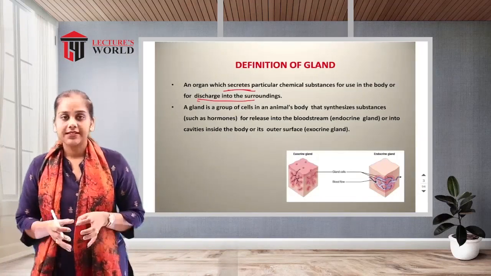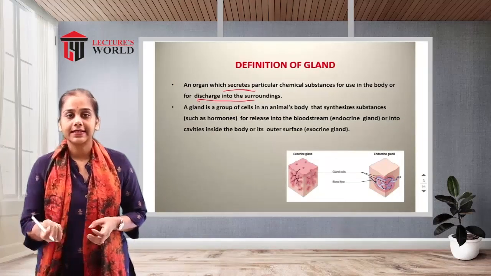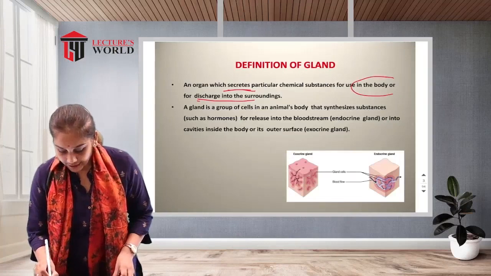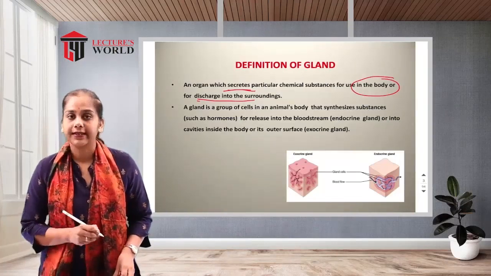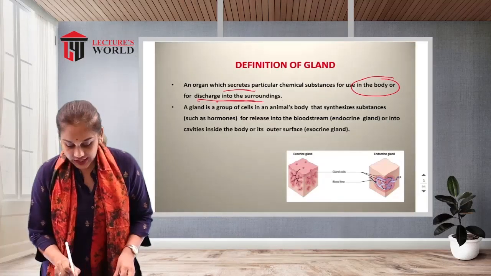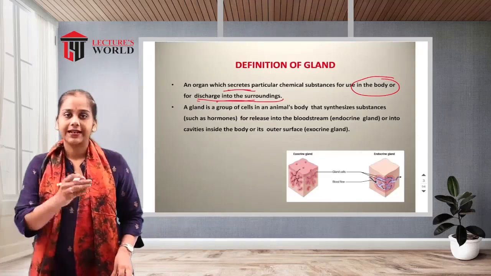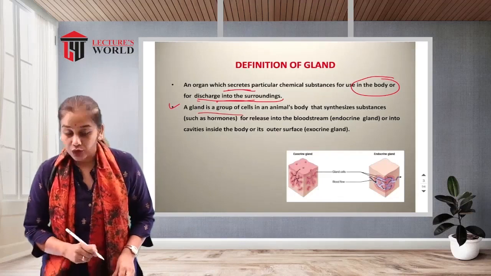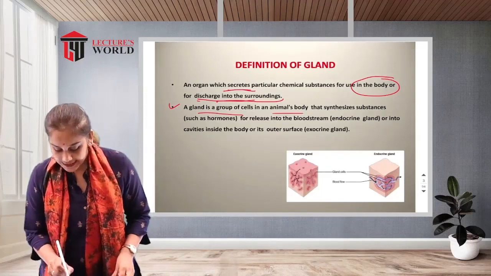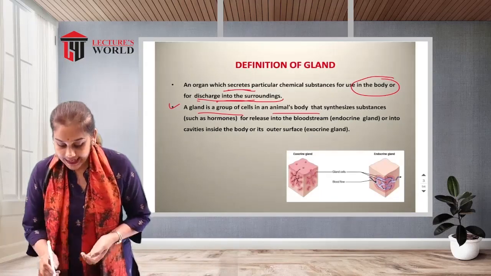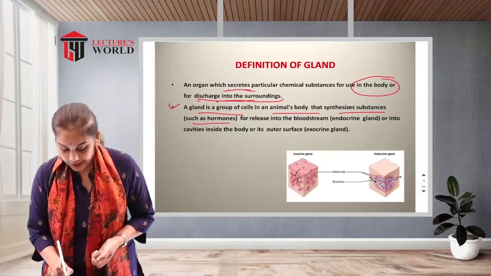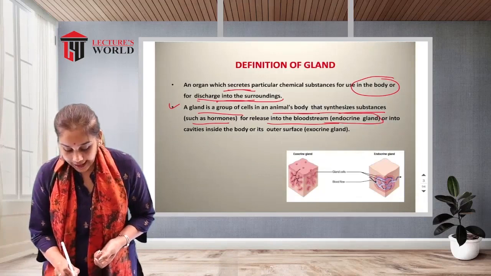It secretes and releases some substance into the body cavity, or directly into the blood, or discharges into the surroundings. So a gland is a group of cells in the animal's body that synthesize substances such as hormones for release into the bloodstream, which is known as an endocrine gland.